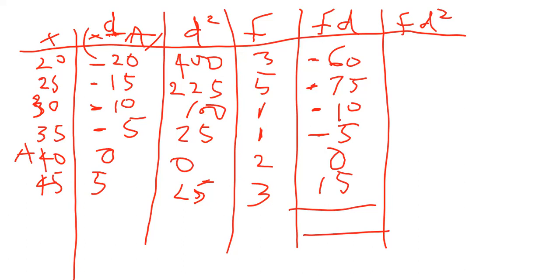Our D squared is 400, first of all. 400 times 3 is 1,200. 5 times 225 will be 1,125. 1 times 100 is 100. 1 times 25 should give us 25. 2 times 0, the F times D squared is also 0.